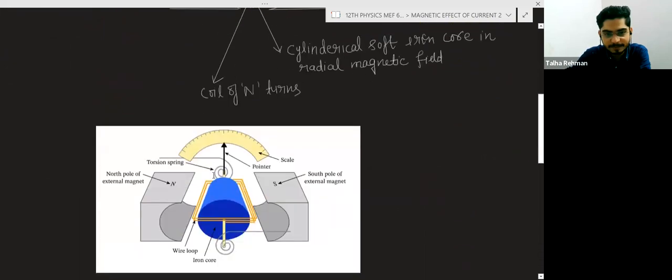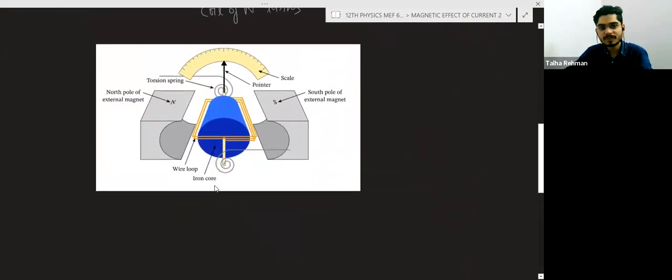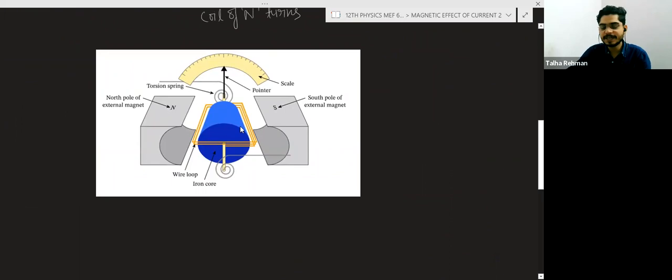See what is happening in a moving coil galvanometer. Basically, this is the interior part of the moving coil galvanometer. You have a cylindrical iron core. Just focus on this iron cylindrical core. On this, this coil is wound. This is a rectangular coil with many turns.